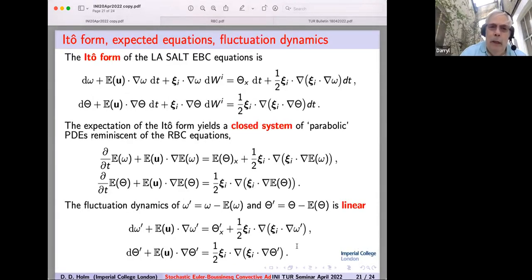Okay, so let's look at the Ito form of those Stratonovich equations. You can't look at the expectation until you get to the Ito form. So in the Ito form, these equations look like this. This is the Ito correction going from Stratonovich to Ito, and it is a second order operator. And if the C's are divergence free, you can put this thing on the outside.